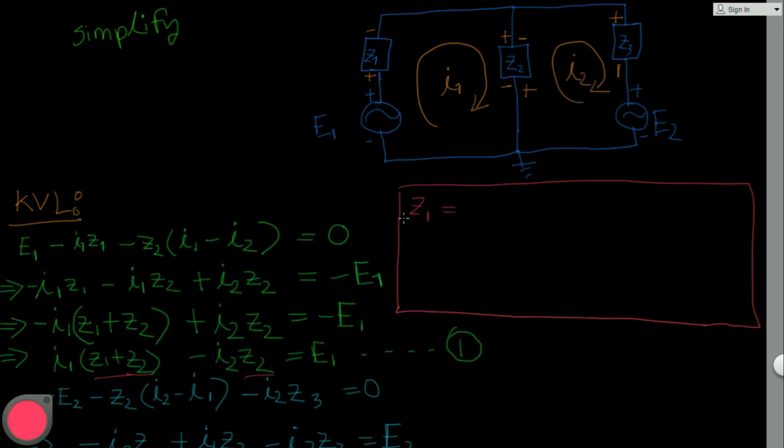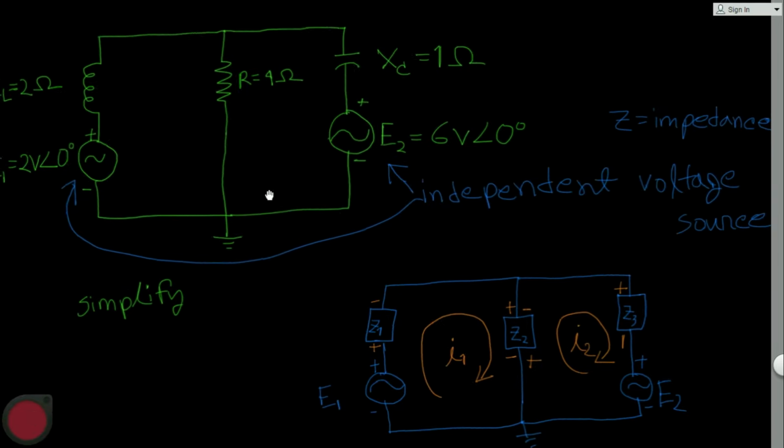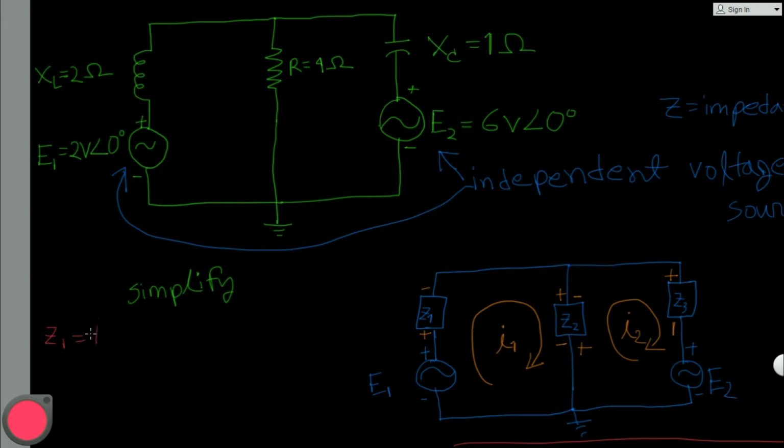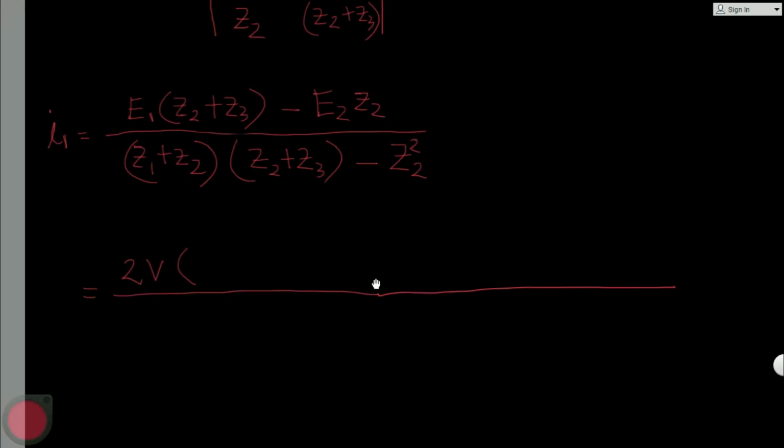So Z1 equal to 2 ohm, sorry, Z1 equal to 2 ohm, Z2 equal to 4 ohm, Z3 equal to minus 1 ohm. Oops, I made a mistake. Z1 equal to plus J2 ohm. I have to write J here because this is an inductor, and Z3 equal to minus J1 ohm for the capacitor.